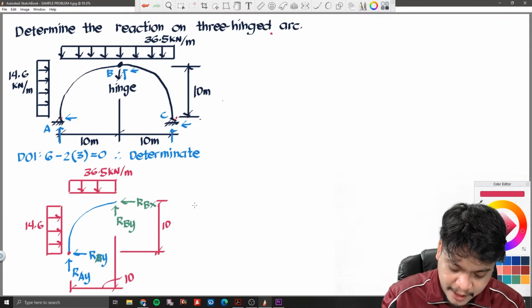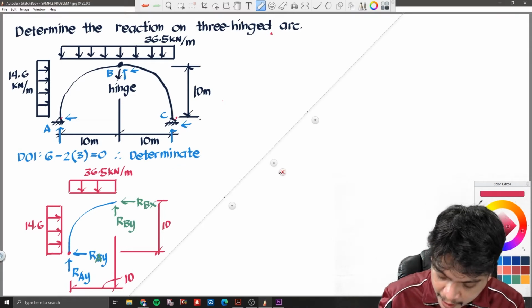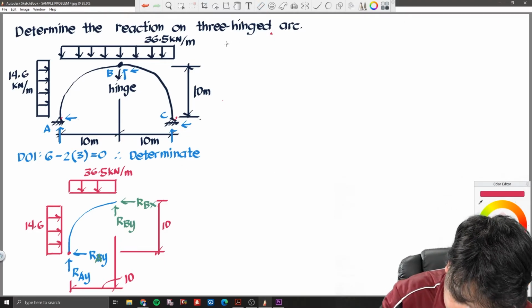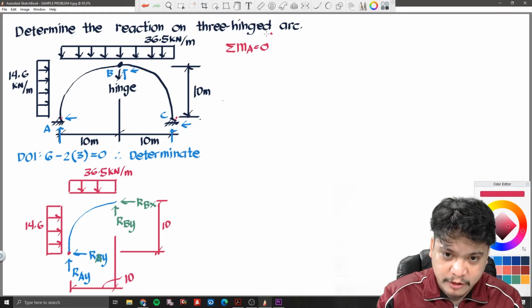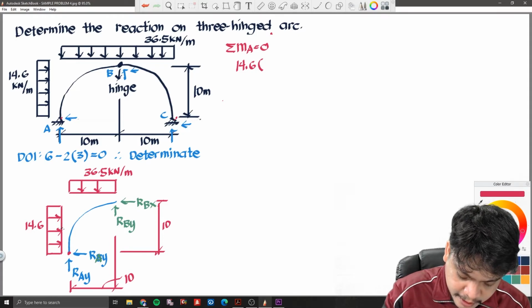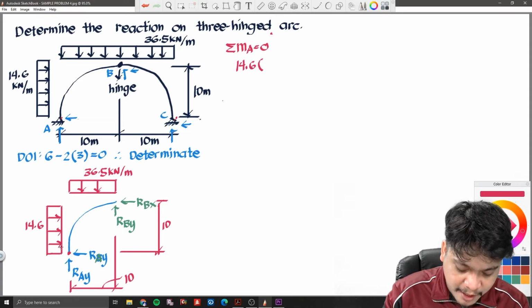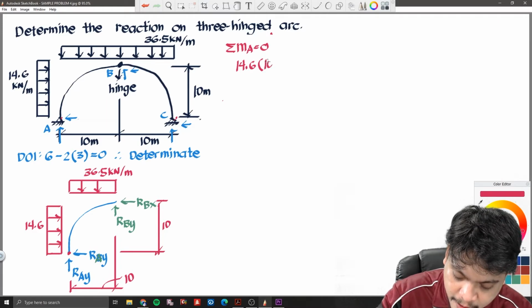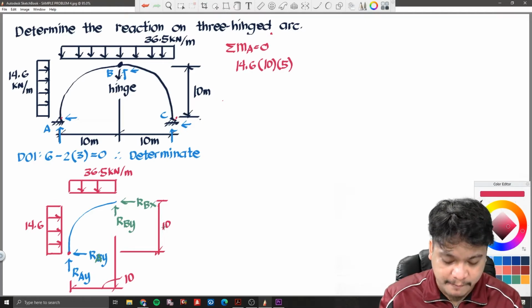Using this free body diagram, I will take the moment at A. So we will be having here summation moment at A equal to 0. So unahin ko muna tong 14.6. So I will have 14.6, and then, since naka-vertical yung kanyang alignment, ang kukunin nating distance is the vertical distance, which is 10, and then you will be having here 5 as the moment arm.